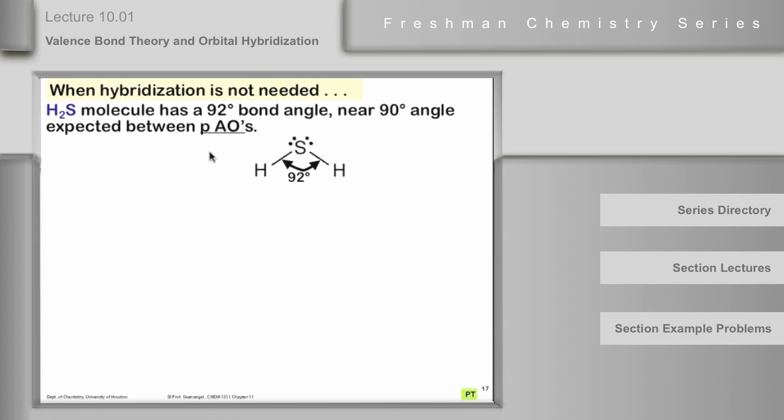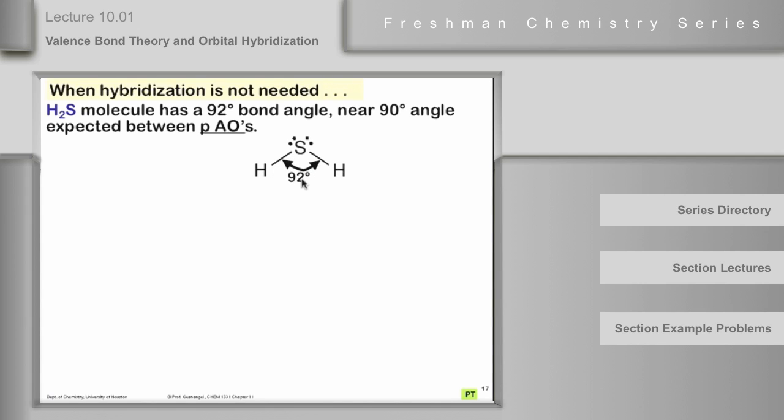If they're not crowded, in other words, the center atom is a sulfur instead of an oxygen, then the bond angles that you see for a large atom in the center are frequently not in the range of hybrid orbital bond angles.